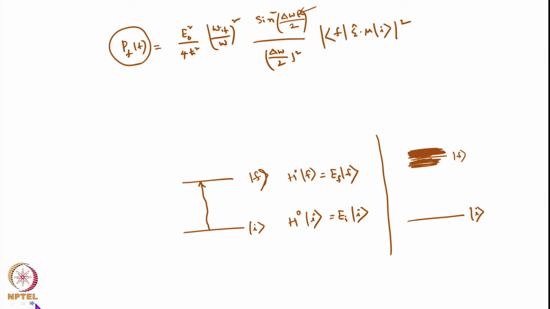Now, for the hydrogen atom, E n is given by E1 by n square.